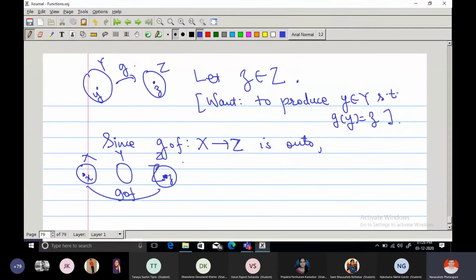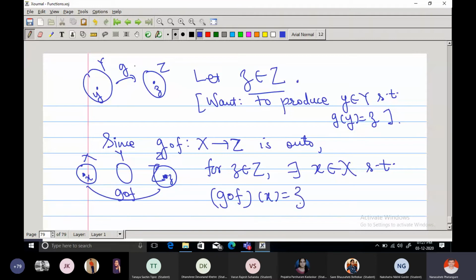G composite F is onto, so for any element in the codomain, can you produce a preimage in X? Yes. G composite F is onto, and we have selected some element from Z. So for z belonging to Z, there exists x in X such that G composite F of x is equal to z.